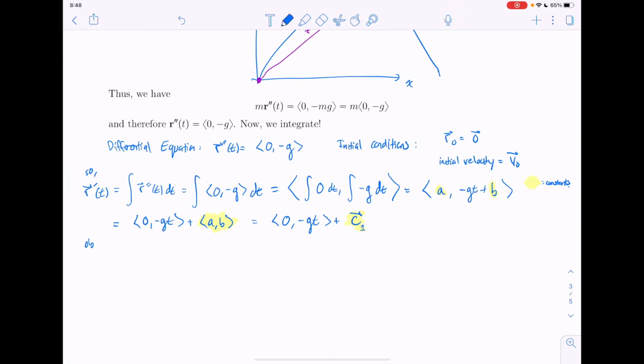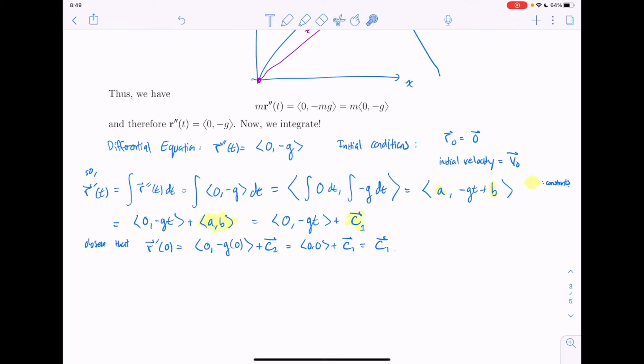So observe that if we, for example, take r prime and evaluate it at 0, on one hand, if I plug in 0 to this vector equation right here, we're going to get 0, negative g times 0 plus c1, because that's a constant, which of course is just the 0 vector, plus c1, which of course is just c1.